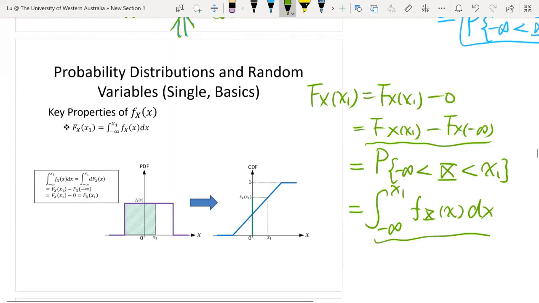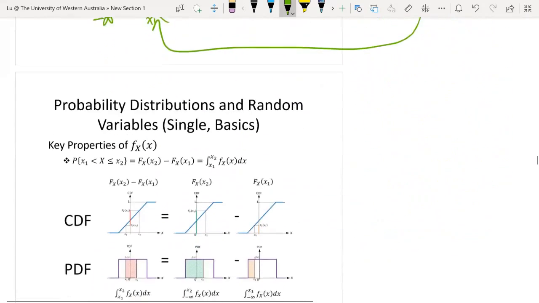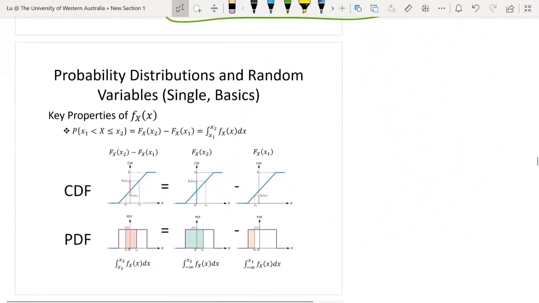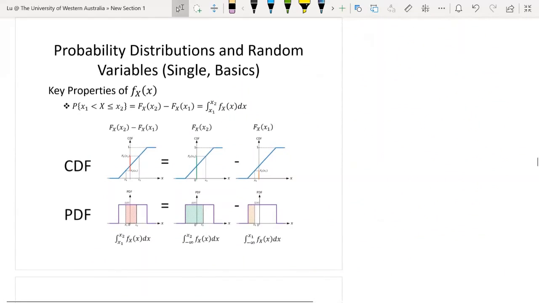So this calculation is shown in this PDF curve. You can see this green color section is indicating the area under the PDF curve from negative infinity up to x1. Okay, this is the property of the PDF function.